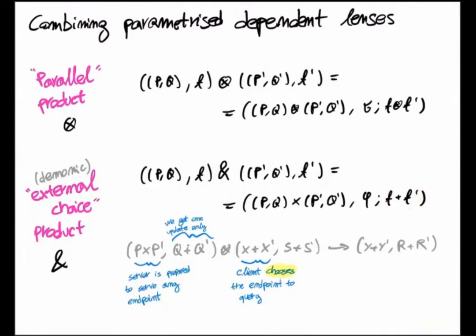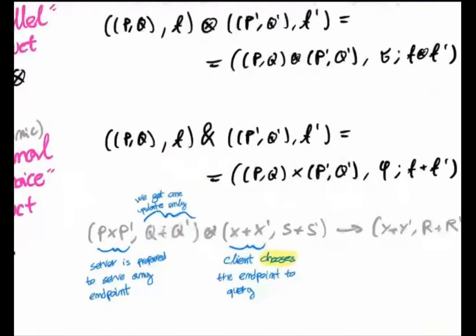What this means, if we unpack the type of this composition, is that the state that we have available is going to be the state that we would have with a concurrent composition. So the server is prepared to serve both stuff from the endpoint P and stuff from the endpoint P prime. But the client now has a chance to choose which kind of endpoint they want to query, because we are summing stuff here.